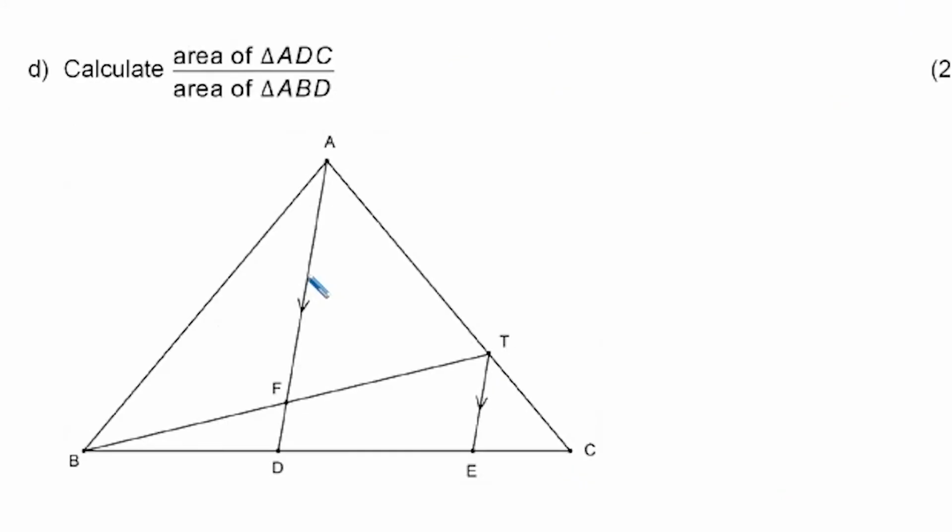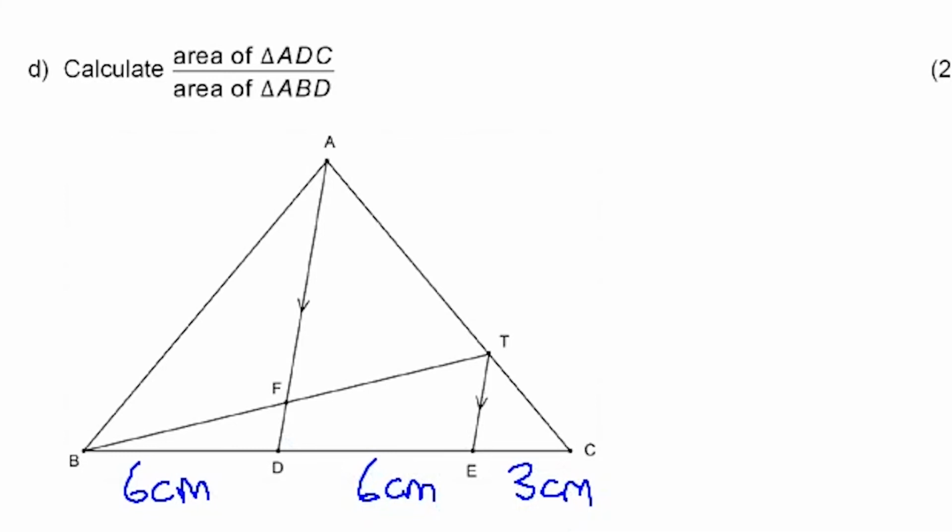Still on the same question, we are now asked to calculate the ratio of the area of ADC, this triangle on the right hand side, and ABD, the one on the left hand side. Remember that this was 6 centimeters. This was 6 centimeters, and the ratio of DE to EC was 2:1, so in fact this is 3 centimeters.